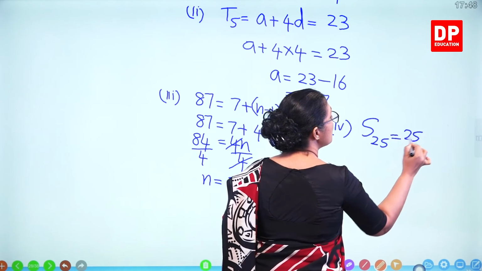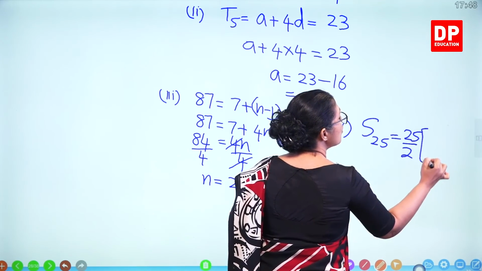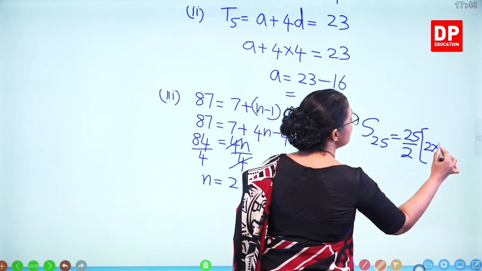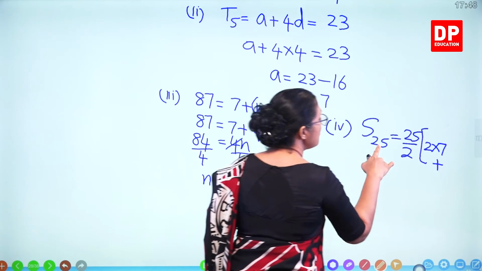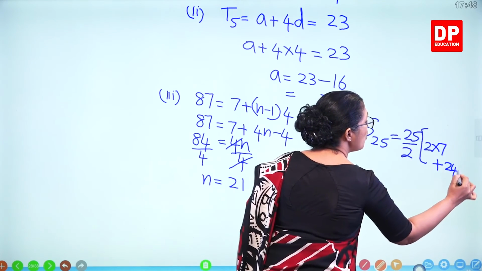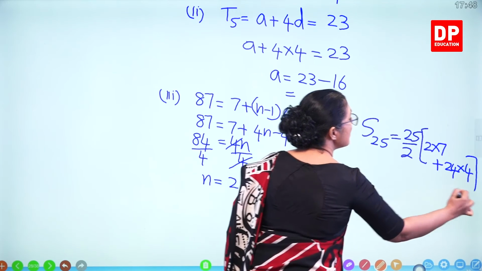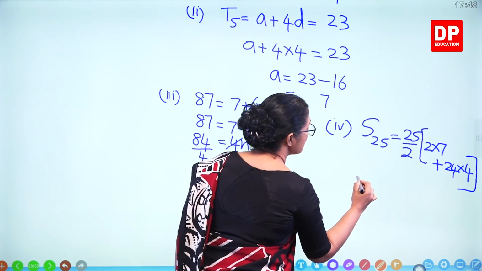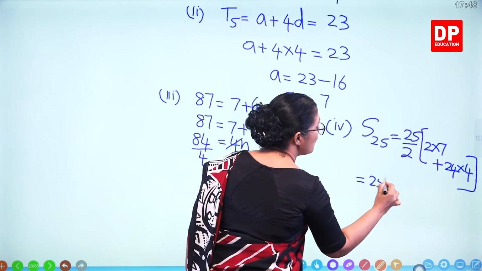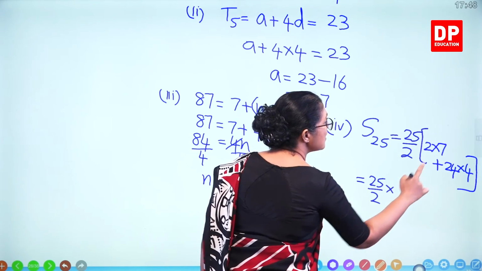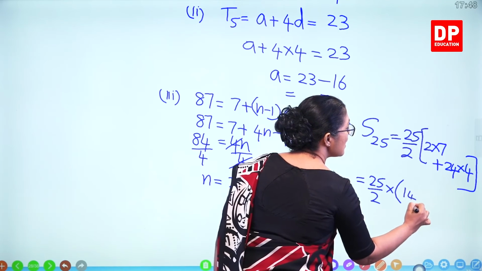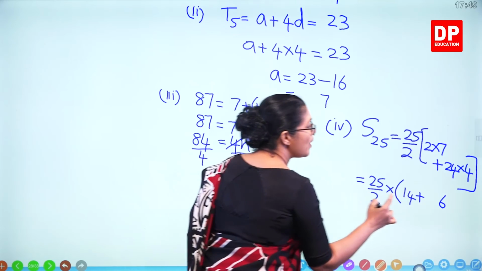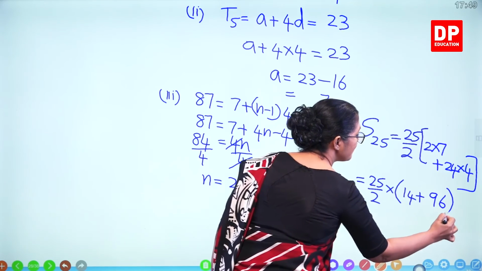So 25 over 2, (2 times a, a is 7, plus (n minus 1), that's 24 times d, d is 4). So you get 25 over 2. What's inside? You get 14 plus 4 times 4, 16, and 4 times 2, 8 plus 1, 9.